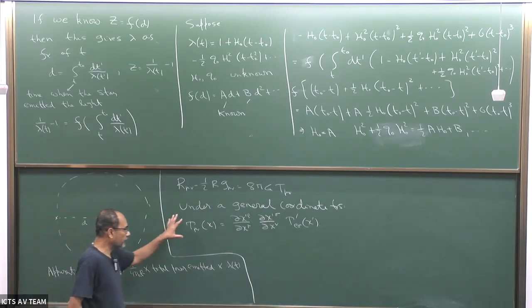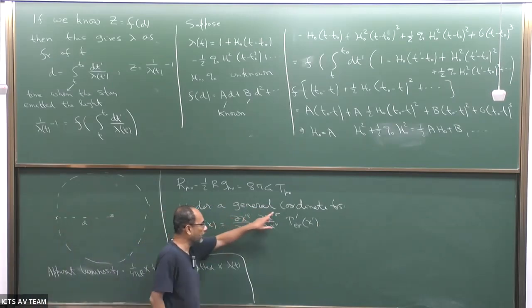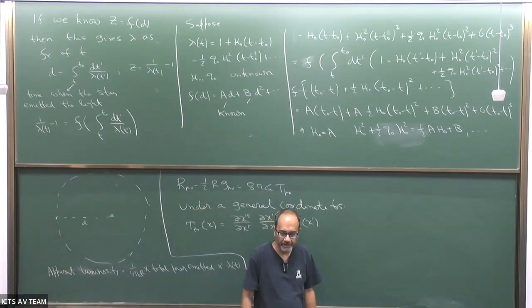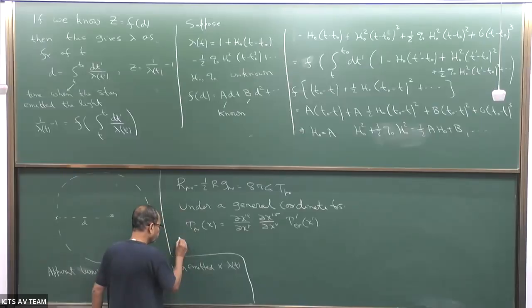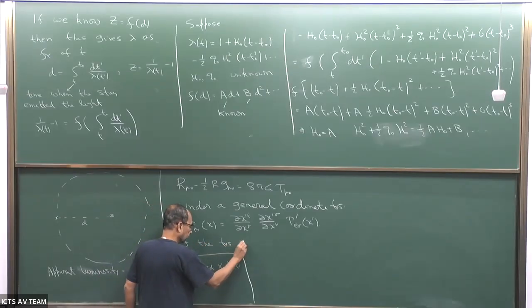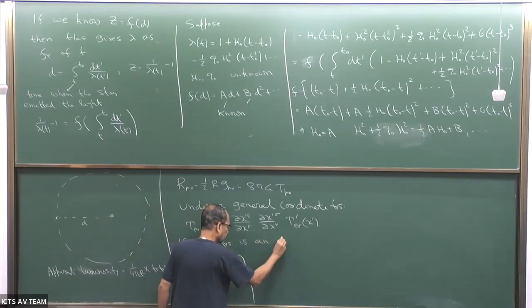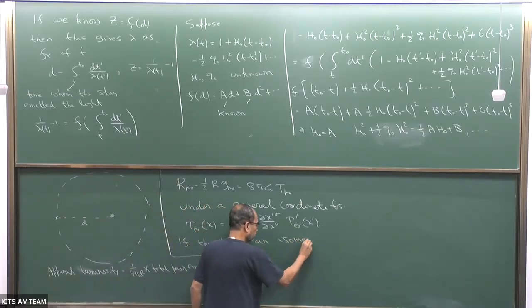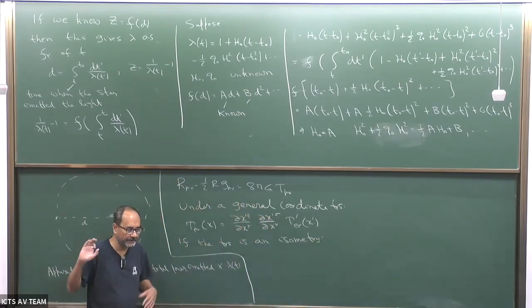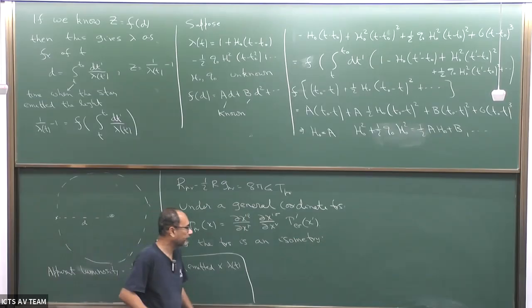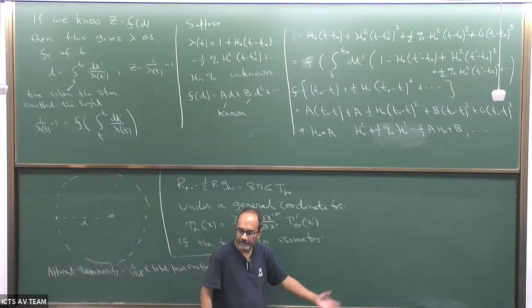But now suppose that the general coordinate transformation that we are using is one of the isometries that this metric has. So what is special about isometry? What is special about isometry is that under isometry, the functional form of the metric doesn't change.